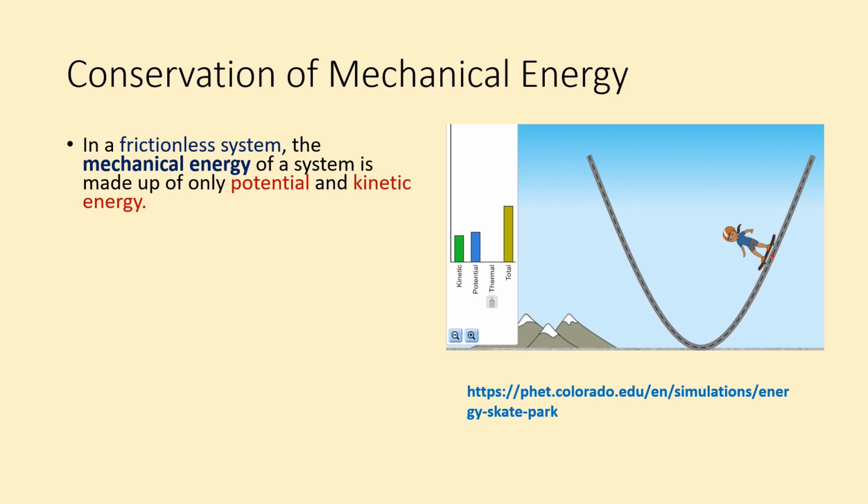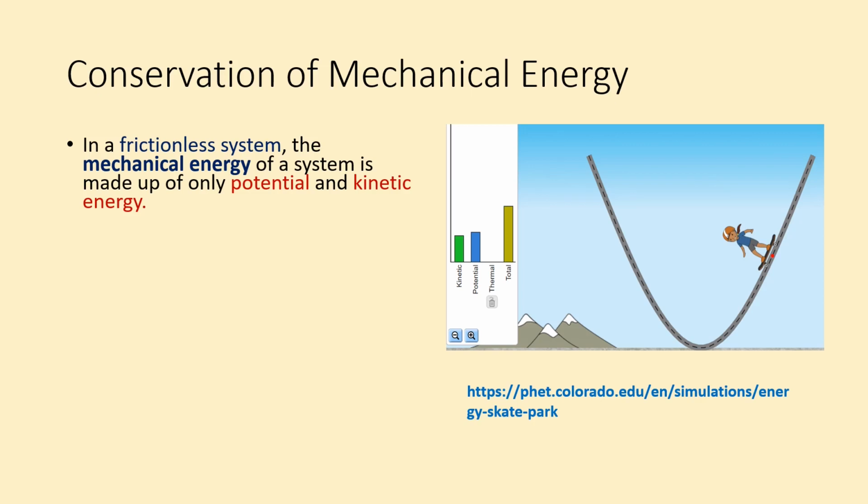Okay, so this question is telling us to assume that we are working with a frictionless system, which is an idealized case. Of course, in real life, most interactions do not consist of purely potential and kinetic energy.